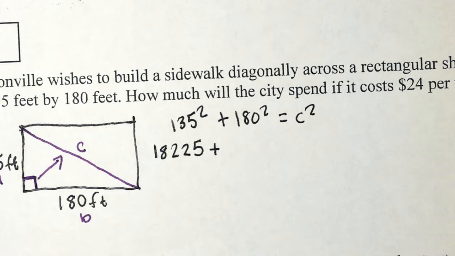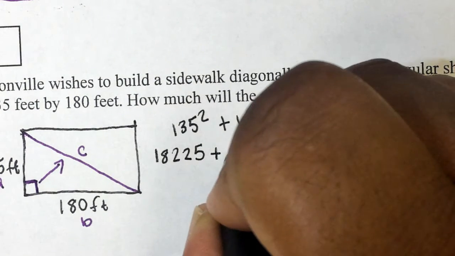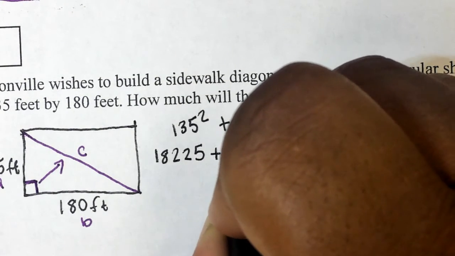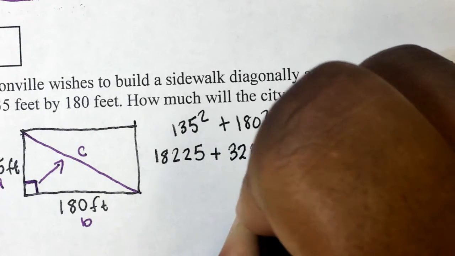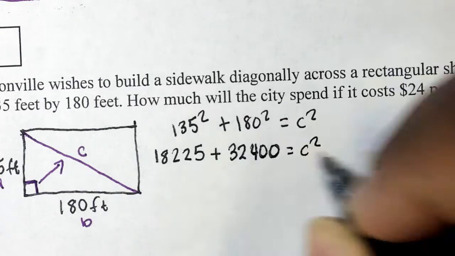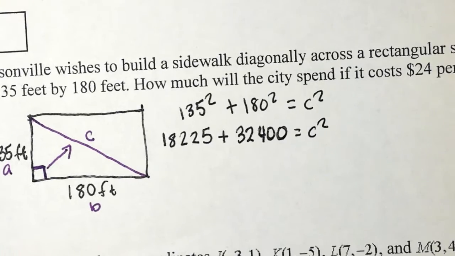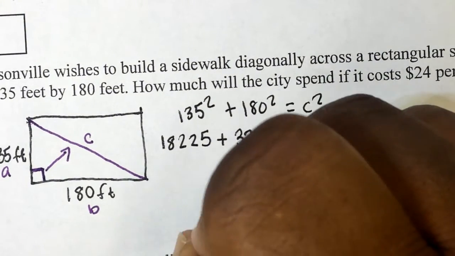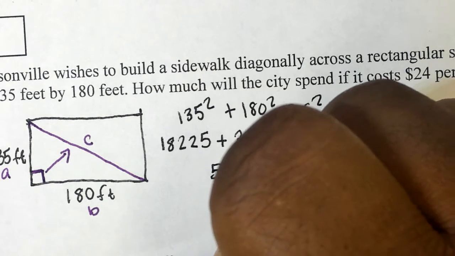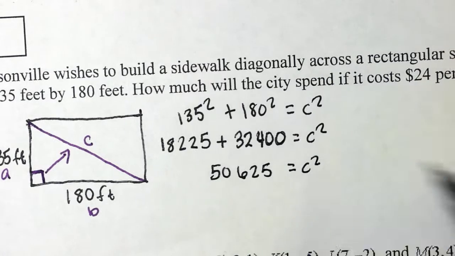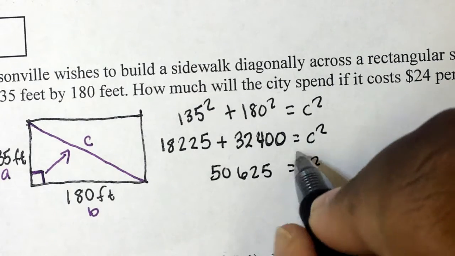And then 180 squared. 32,400 equals C squared. Add them together. You're going to get 50,625 equals C squared. And then last thing y'all need to do, square root.